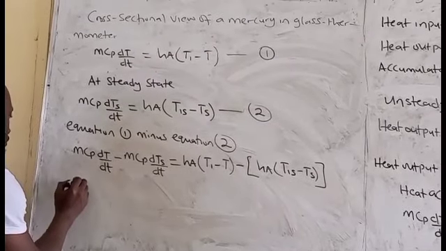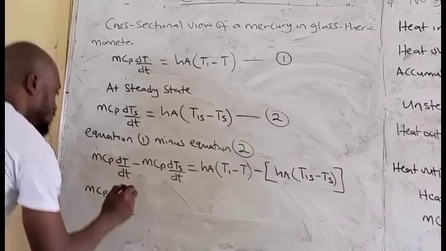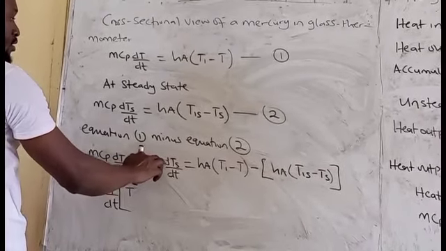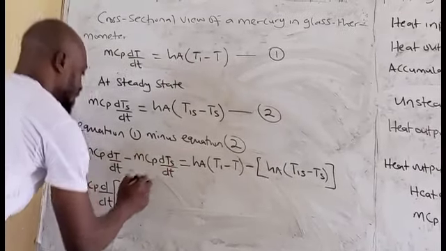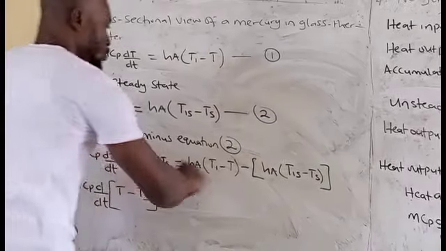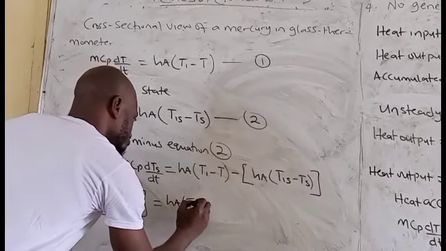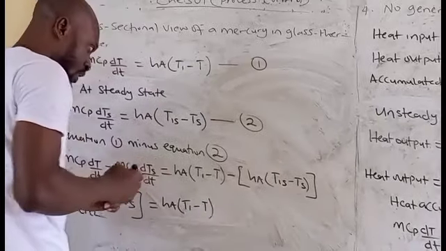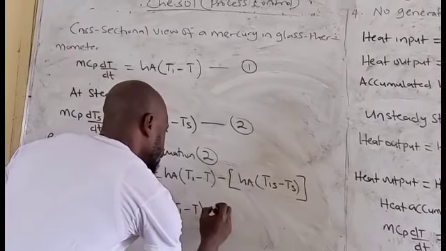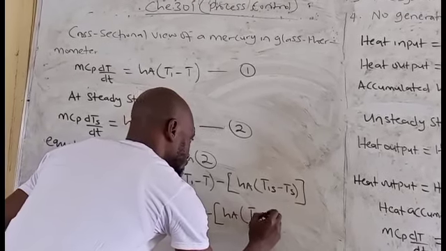So I'm going to have MCP d over dt, so if I bring it out here, I'll have (T minus Ts) is equal to HA into (T1 minus T), then I'll have something like this, minus bracket HA into (T1s minus Ts).